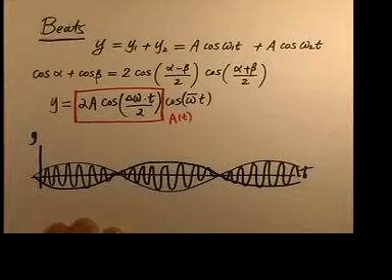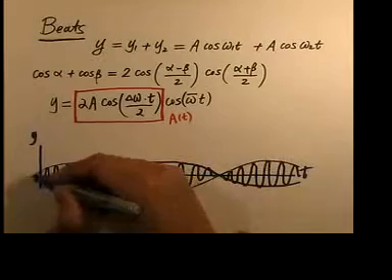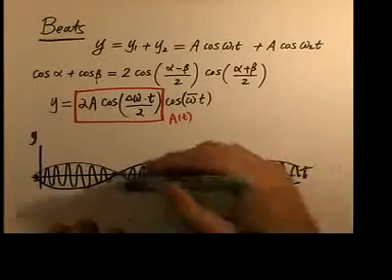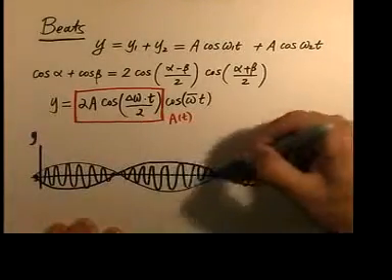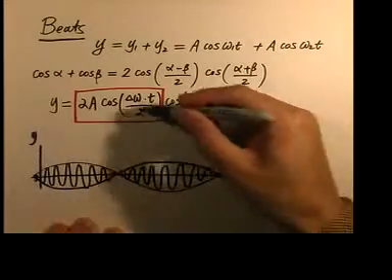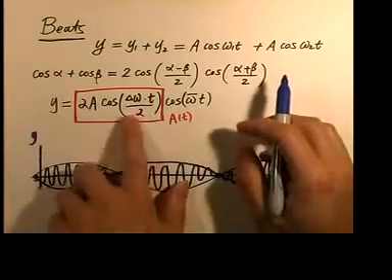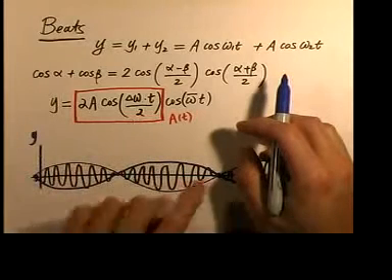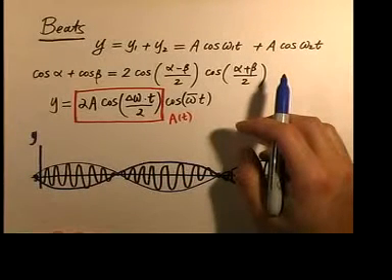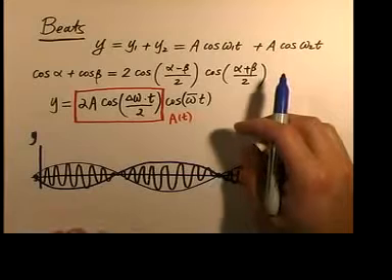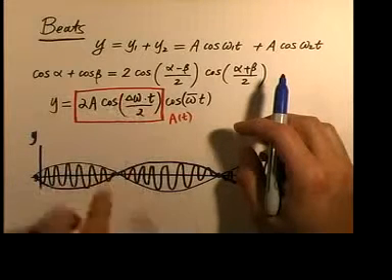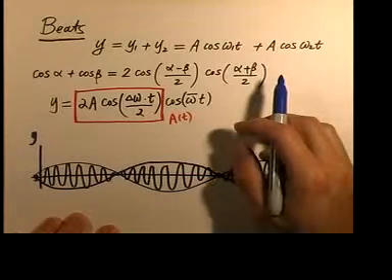Now let's see how long it takes to go from here to there. That, in fact, is a whole variation of this cosine function. So, in other words, the phase angle of this cosine function between here and there is 2 pi. That would be the period of this particular cosine function. So what is the period of this particular cosine function?